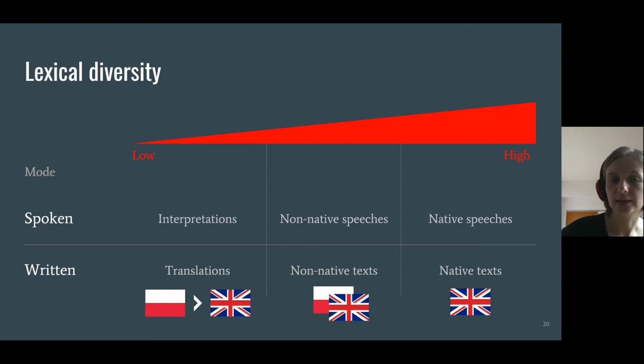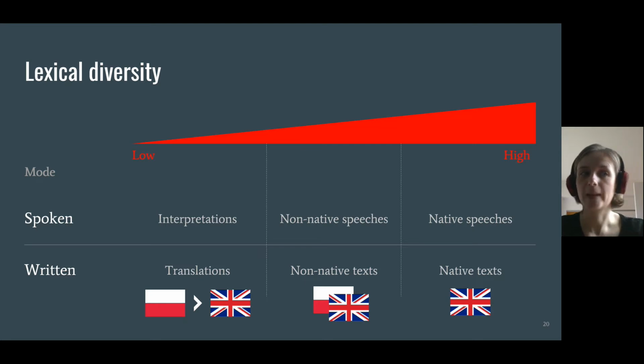And when we were looking at lexical diversity, it turned out that native speeches have the highest lexical diversity, while non-native speeches, both spoken and written, and interpretations and translations are less lexically diverse, which means that interpretations and translations and non-native speeches and written non-native texts are slightly more repetitive, and they use smaller number of diverse words.